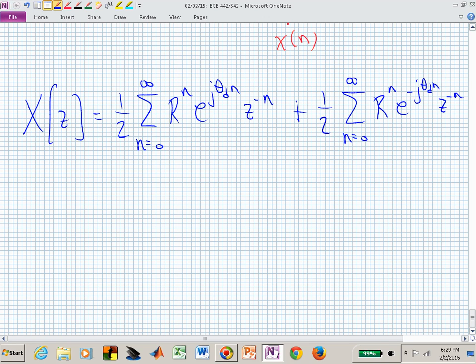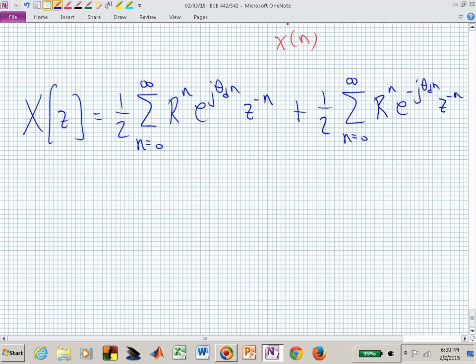And before we get too nervous or anxious, let's pull that n out of the exponent in each of those sums.